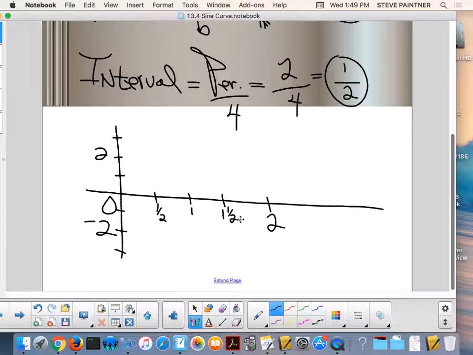Start at 0. Do I go max or do I go min? It was positive, wasn't it? Positive 2. Max, then 0, min, 0. There it is, one period of problem 24.